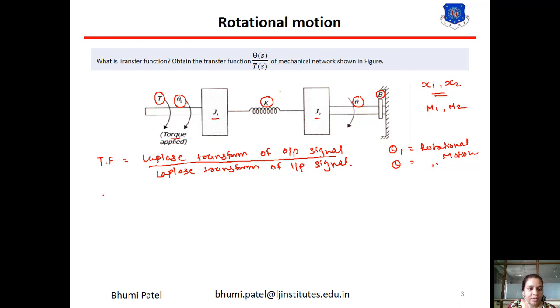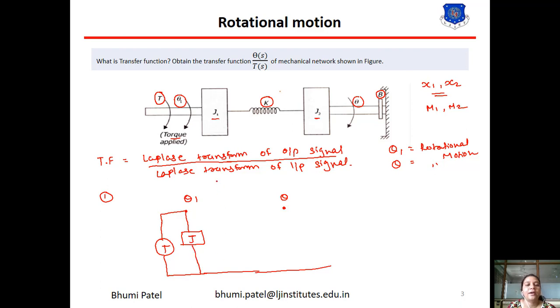So first of all, step number 1: draw the free body diagram of this system. Here two displacements are given, so we can put two nodes, theta 1 and theta. Torque is applied to the theta 1 node, so we connect the torque between theta 1 and the ground connection. J1 is connected between theta 1 and the ground connection.